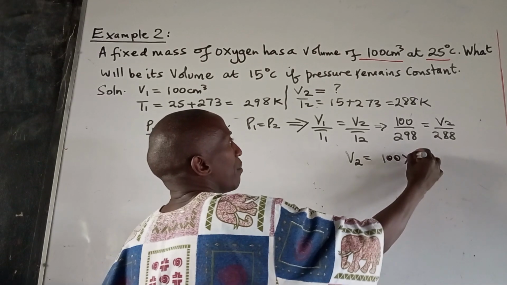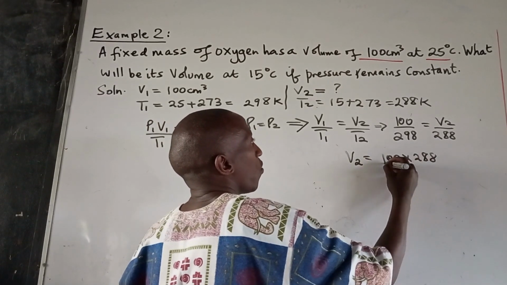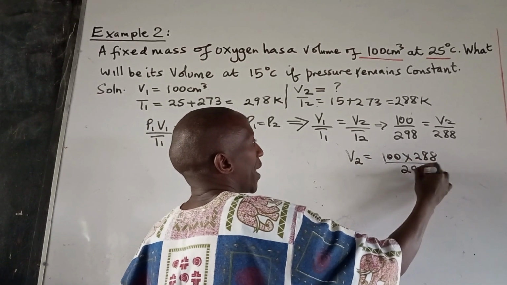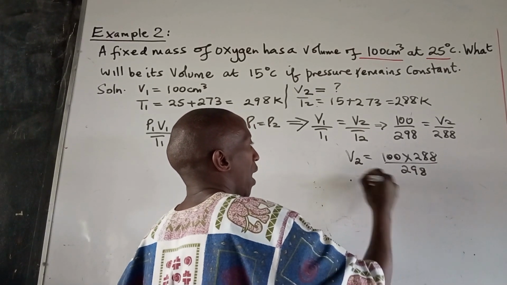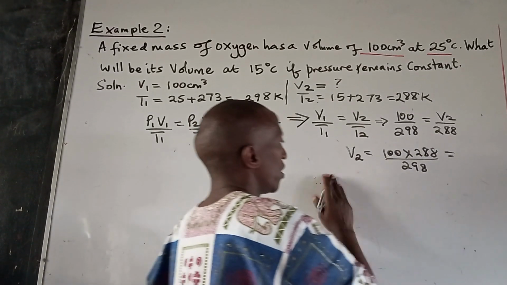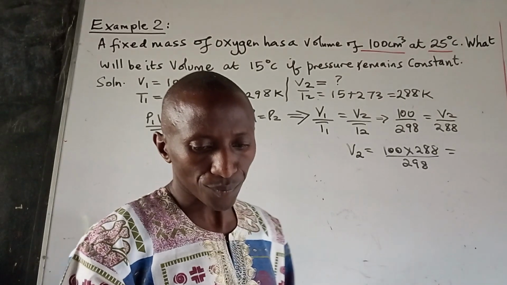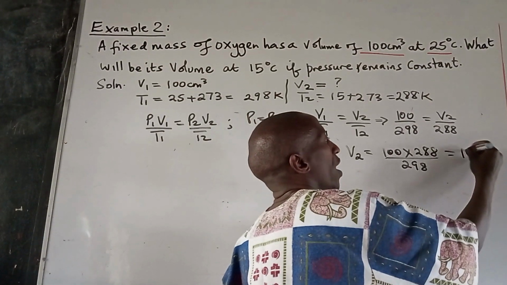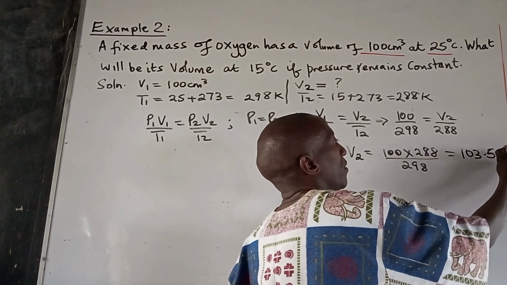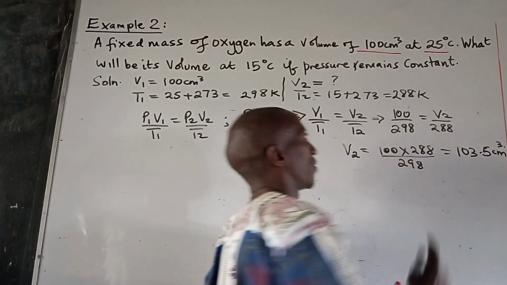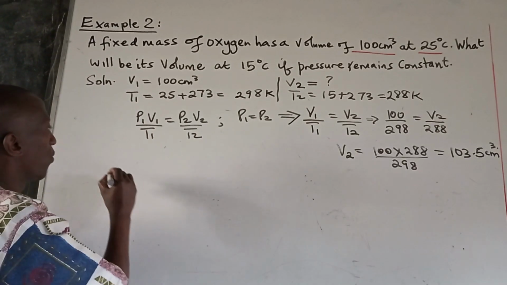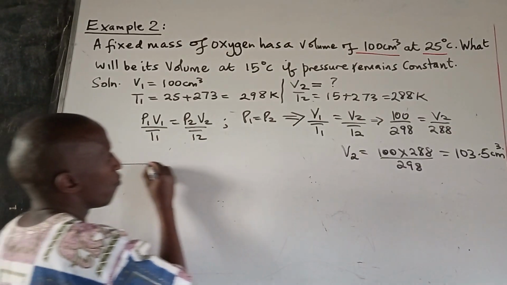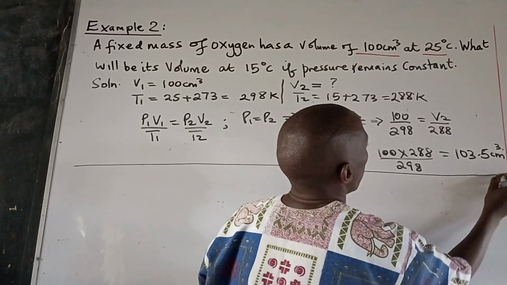That's 100 by 288 all over 298. And viewers, I would like you to punch that on your calculator and see that to one decimal place, we are able to get 103.5 centimeter cubed.